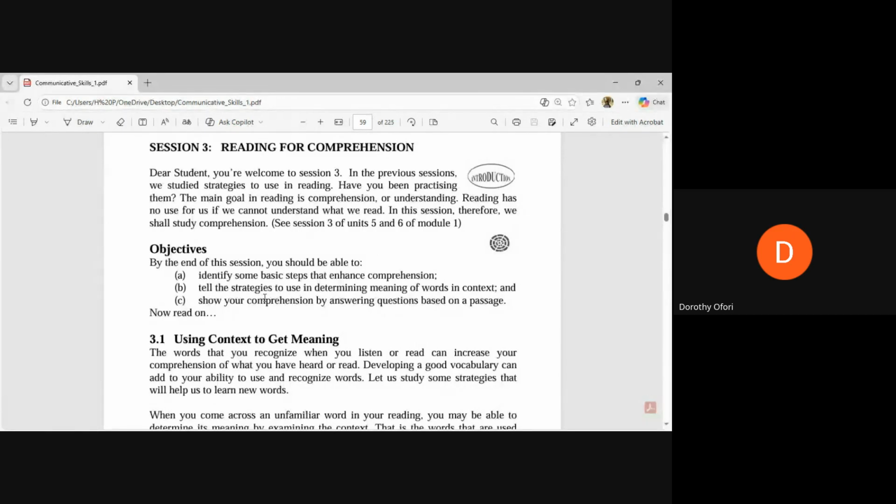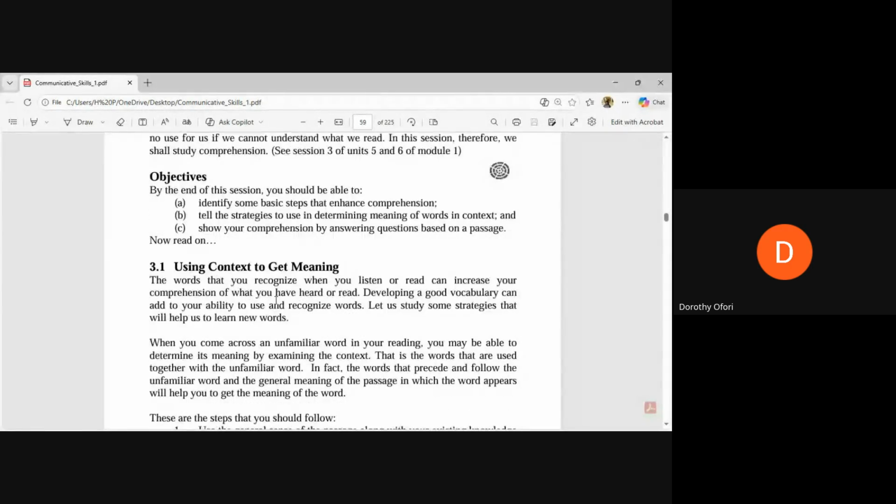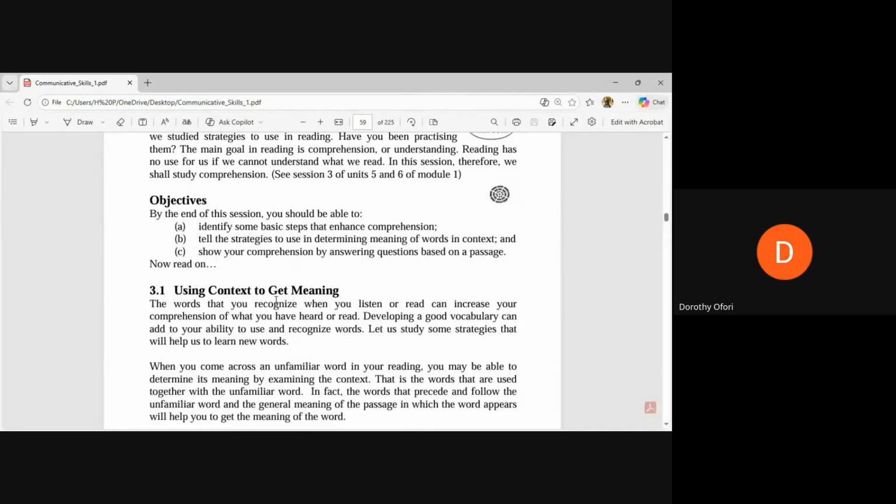Now, in this whole section, we are going to look at the steps or the ways that we can use to enhance our comprehension. We will look at the strategies that can be used in determining the meaning of words in context, and also how you can answer comprehension questions based on a passage.